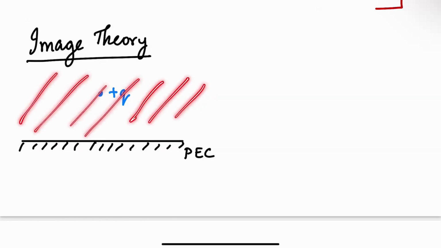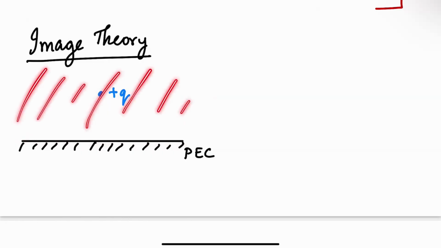Let's say the fields are generated by this charge. I can get rid of the charge and have the same fields. I place some field distribution, which was originally created by this charge, and now it's a charge-free region. So if I just maintain the fields on this surface, then the fields in this region would be unique.